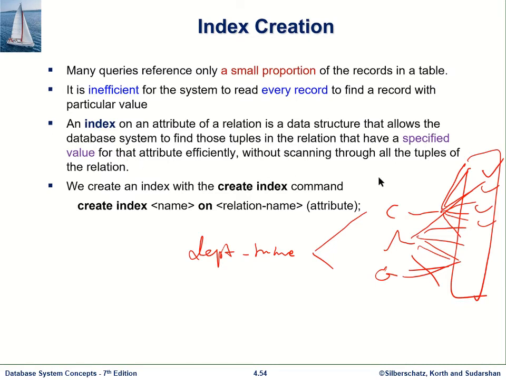How to specify? We group all the records in the student table with respect to the department names. So if we create an index on the student's department name attribute, then we will group them accordingly. If you only have interest in the computer science department, we will just return those records for that attribute efficiently without scanning through all the tuples of the relation. So this is the idea.